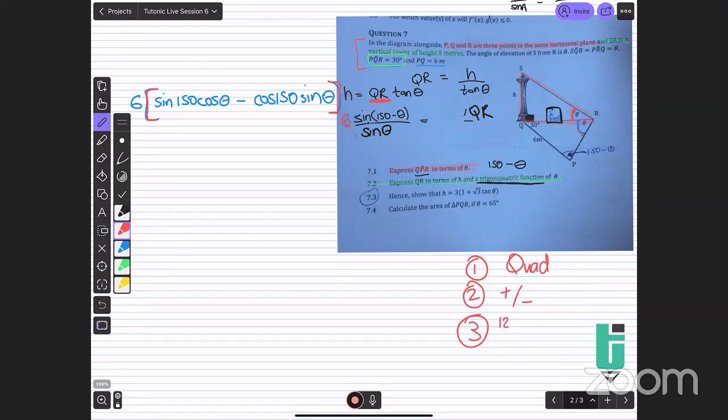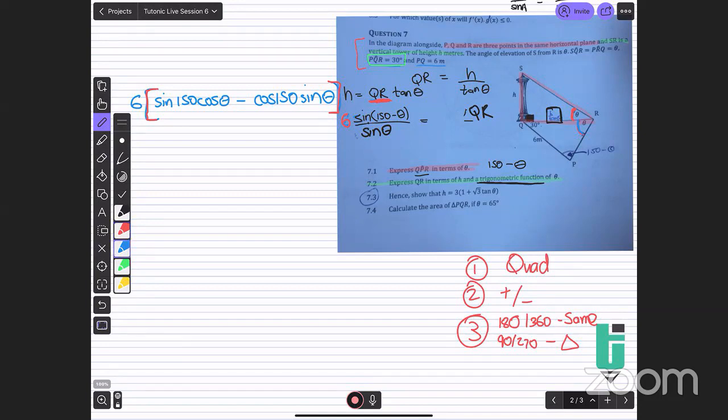Nafisa, do you want to try this one? Sine 150: it gives you 180 minus 150. It gives you sine 30, and then you can use that because it's a special angle. I think it's a half.